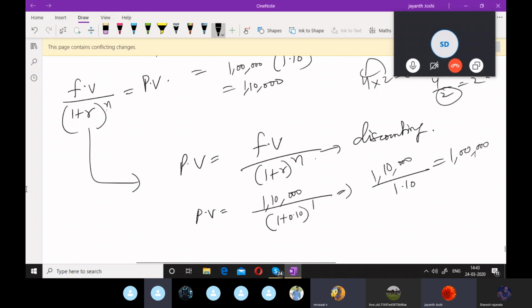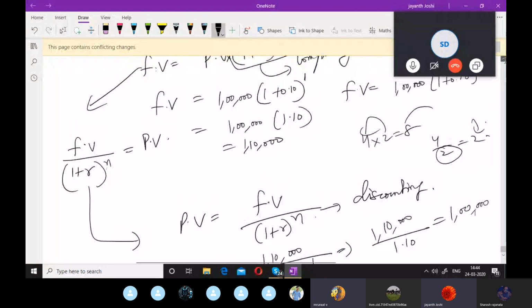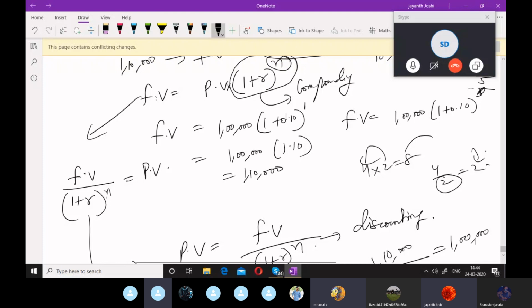I want to explain something. When you multiply, in that case you are finding out the future value. When you multiply your present value with (1 plus rate) whole power number of years, you get the value after a number of years of something which you hold right now. Right now I have 1 lakh.